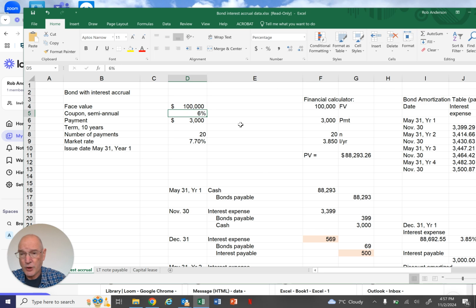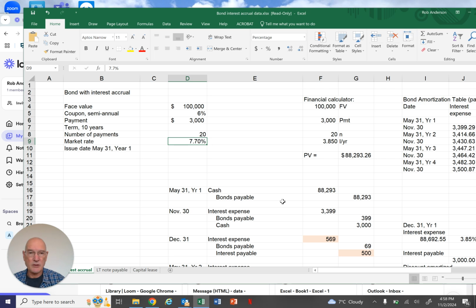We have a coupon rate of 6% with semi-annual payments. Therefore, the payment itself is 100,000 times 6% divided by 2, 3,000. It's a 10-year bond, giving us 20 payments. It's issued May 31, year 1, and the market rate is 7.7%.